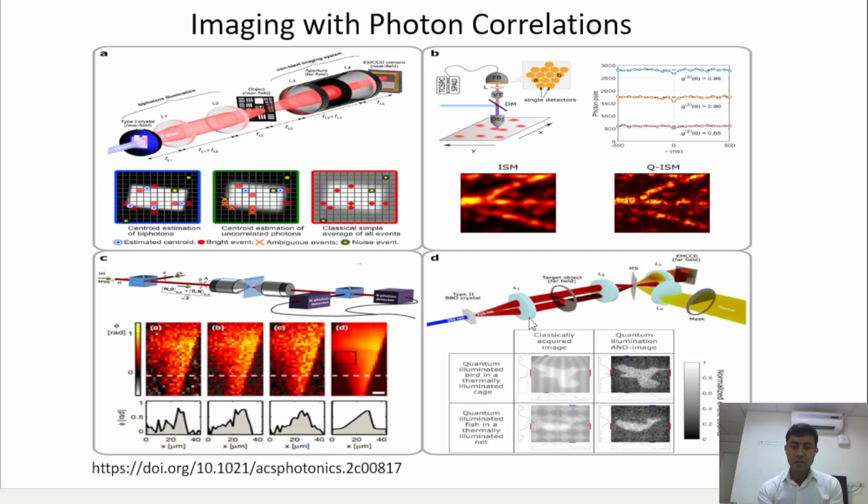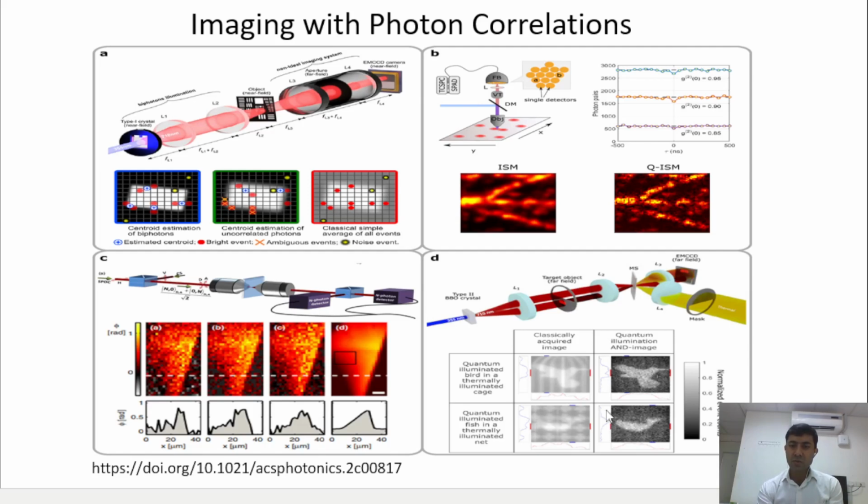And this last one is about quantum illumination based on the AND operation. In this technique, a simple pixel by pixel AND operation only keeps the photon pair events, and it rejects most of the uncorrelated events that arise from sensor noise or unwanted background illumination.